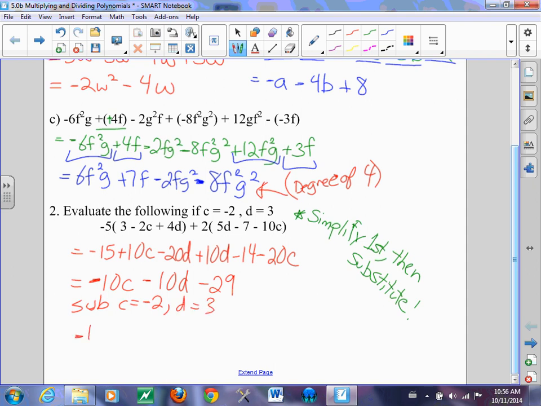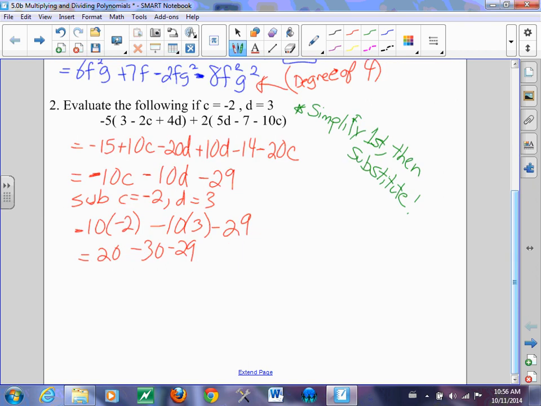So it's going to be -10 times -2 minus 10 times 3 minus 29. What does that equal? 20 minus 30 minus 29. And what does this equal, ladies and gentlemen? -39.